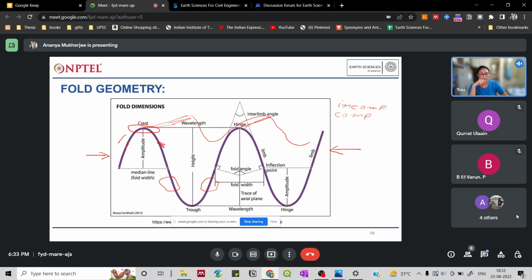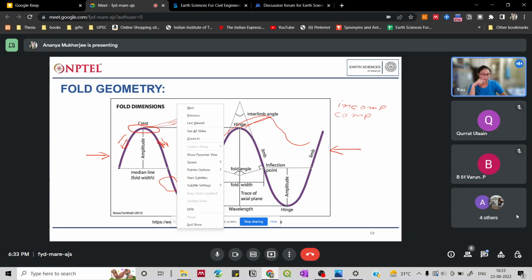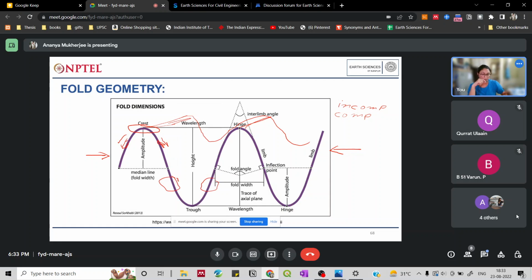Now we try to understand how these limbs differ and what are the different types of fold that we see later on. How are they going to be categorized? Now over here the limbs are dipping away from each other. Later on when it goes down and you reach the trough, the limbs are dipping towards each other. Then you have something called inflection point.